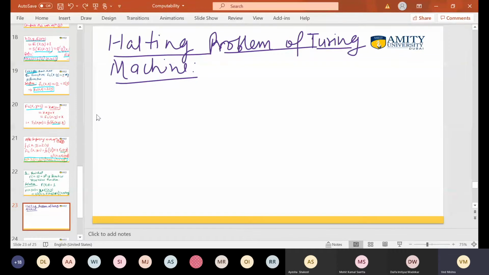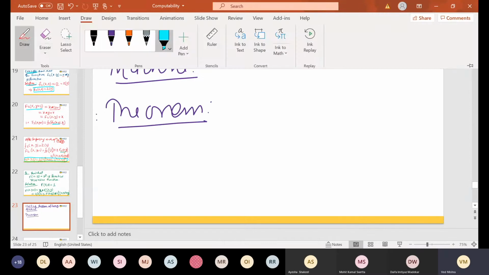I'll just write the theorem for this. An example we have done already in the last class. You can refer that example.